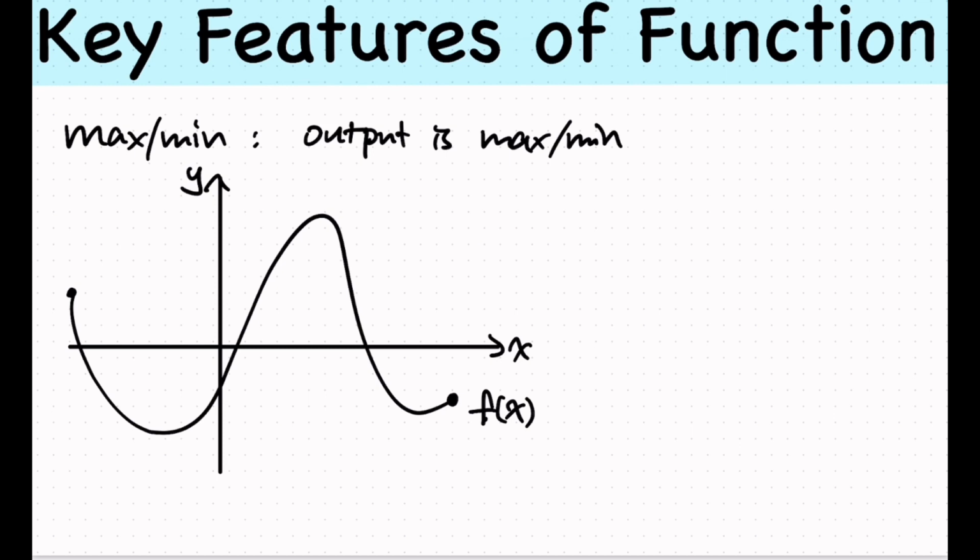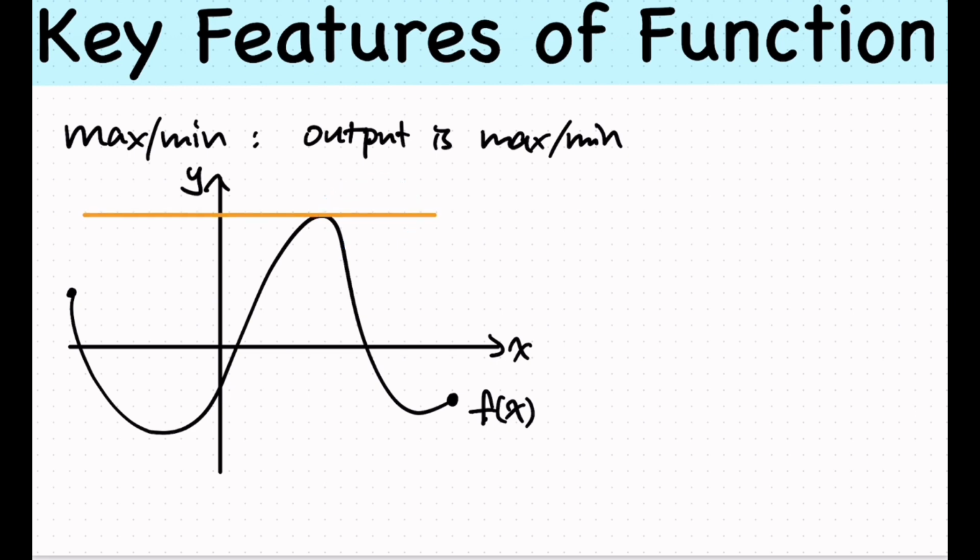Try to draw a horizontal line, and then try to move this horizontal line up and down across the graph. When this horizontal line still has an intersection with the graph, try to find the maximum point and try to find how high it can go. If this horizontal line goes higher than this point, then there is no intersection. So this is the maximum that it can go.